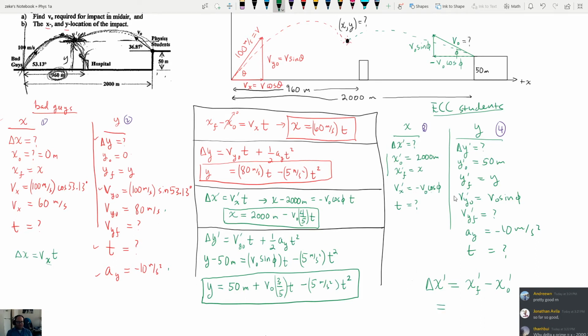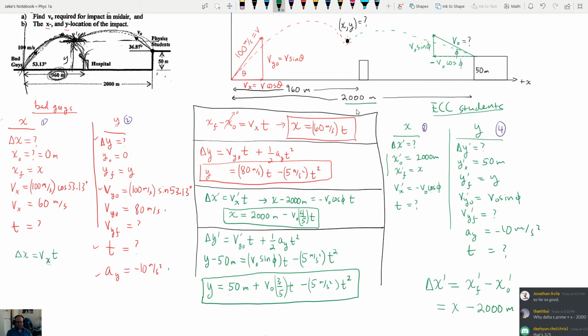And we're saying that the final coordinate of this projectile that's launched from the right is going to be x, so that's x final. And the initial coordinate of it was 2,000. And in case that wasn't clear, it's because of this distance right here, Tom. No problem.